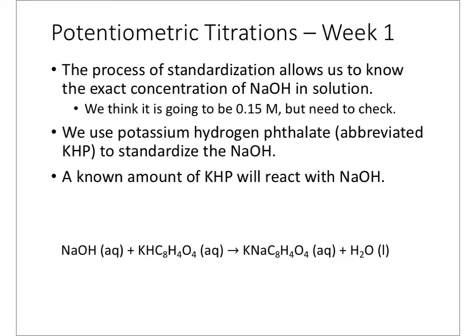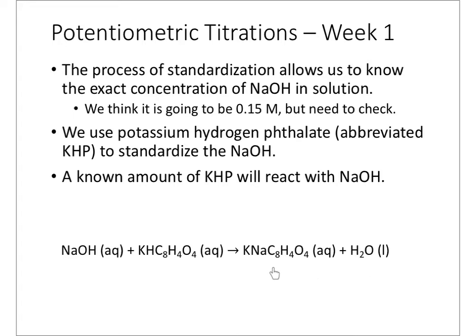We're going to react it with our base according to this equation at the bottom. So we have some NaOH solution and our acid solution here. They undergo a neutralization reaction where we make water as one of our products. You'll notice water here. Water does not affect the pH.